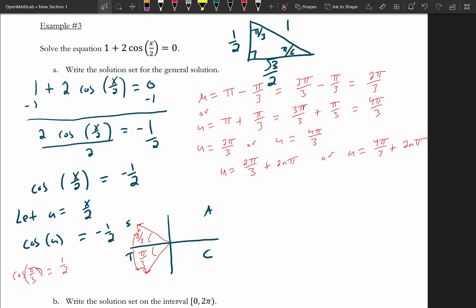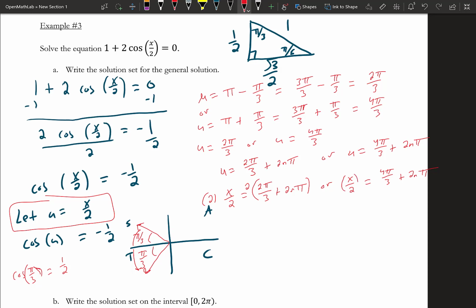So now's the time where I'm going to use this fact to plug x divided by 2 in for u, so I introduce an x variable again. So we'd have x divided by 2 equals 2 pi over 3 plus 2n pi, or x divided by 2 equals 4 pi over 3 plus 2n pi. Right? So now what I want to do is multiply both sides by 2, and really both equations.